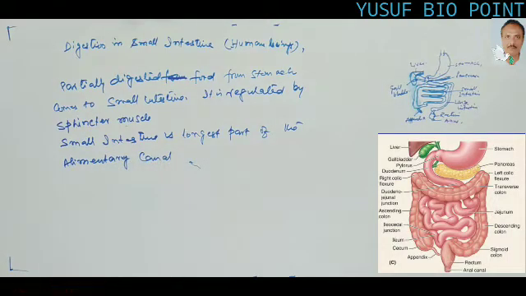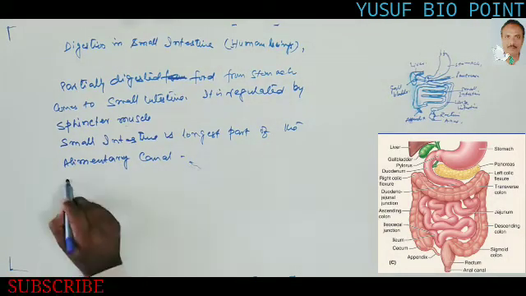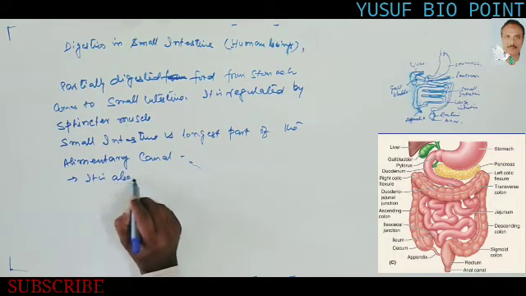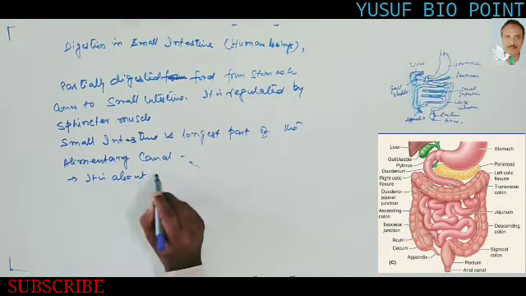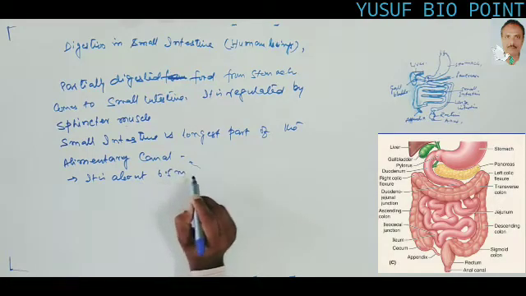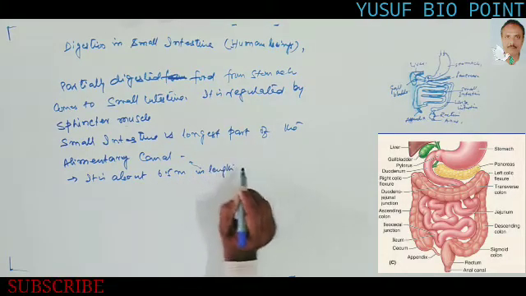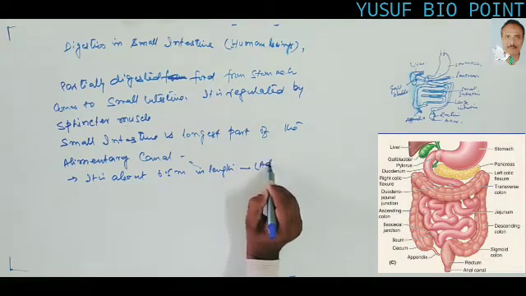That is the longest part of the alimentary canal. It is about 6.5 meters in length, that is in the case of an adult.